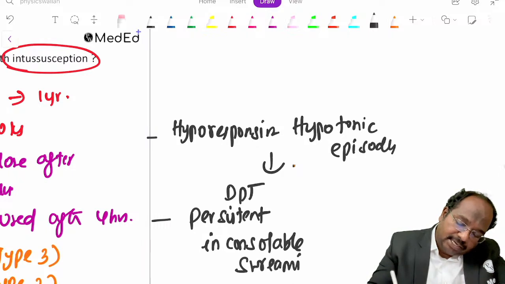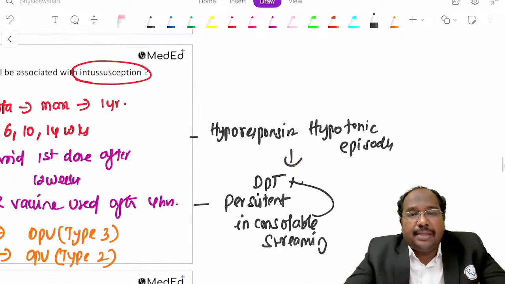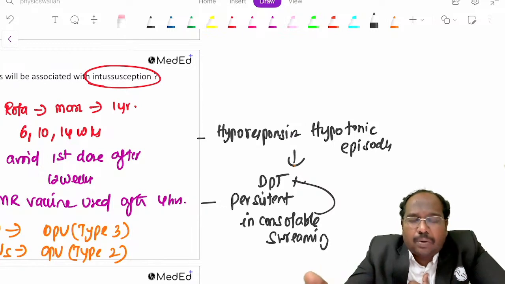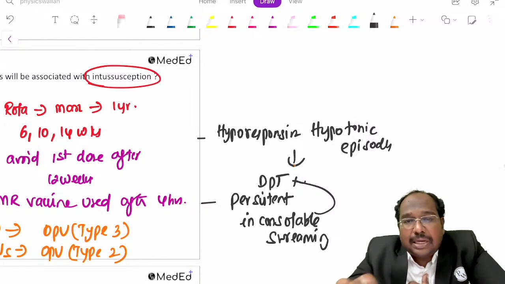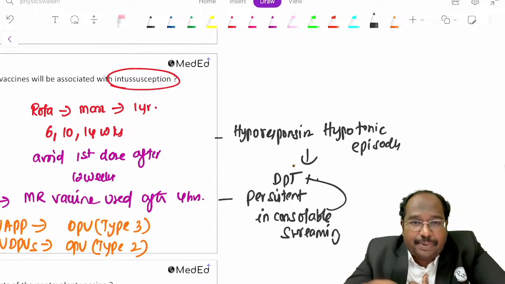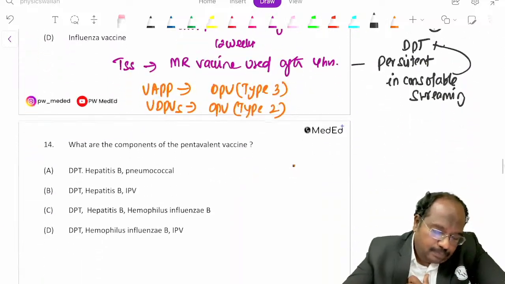This is also associated with DPT, guys. The baby will keep on crying for more than 3 hours actually. So that is persistent inconsolable screaming, an AEFI of DPT. These are some of the points we should know regarding vaccines. Okay, fine. Next.